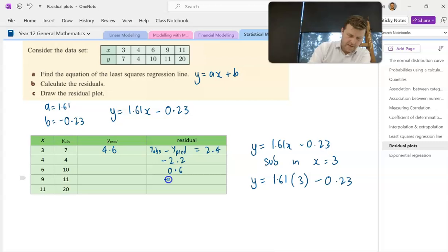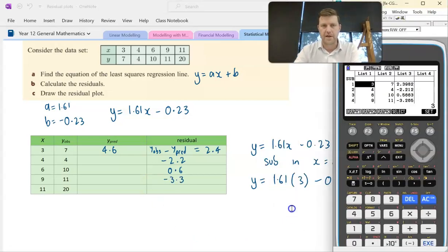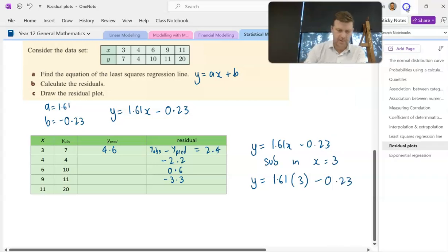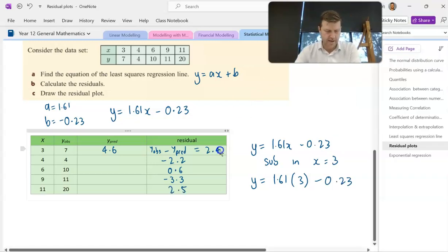Again, we'll round that up, so minus 3.3. And the final value there is 2.5. Okay, so they're my residual values, which suggests that 1, 2, 3 of those points are above that model, or that least squares regression line, and 2 of those points, 1, 2, are below that least squares regression line, or that line of best fit.